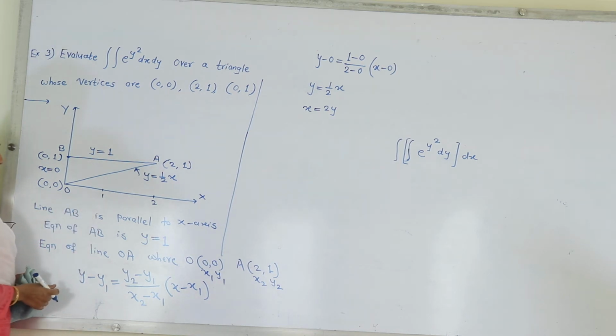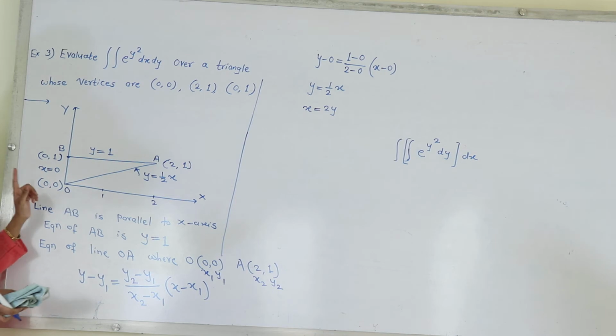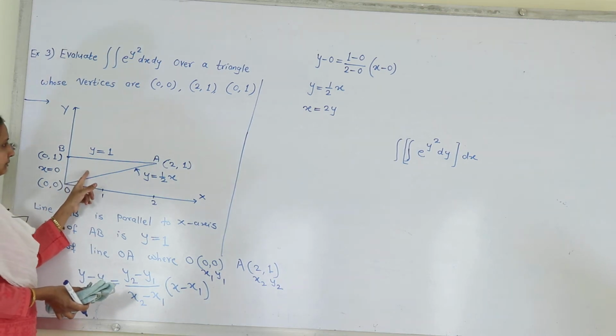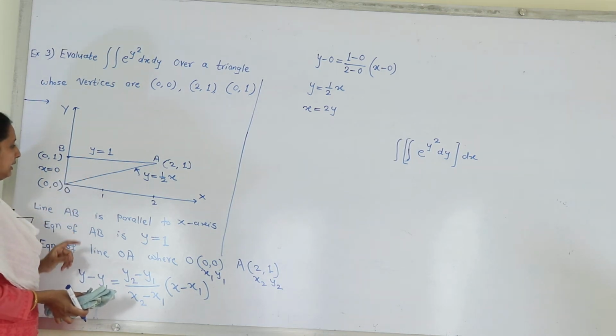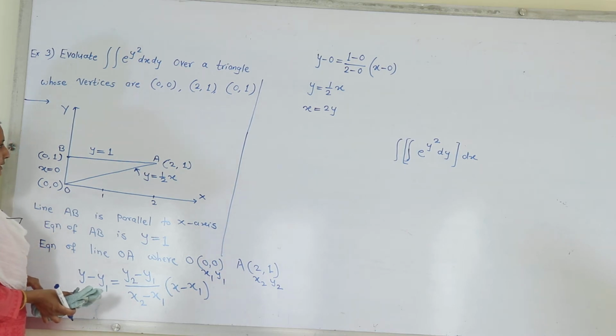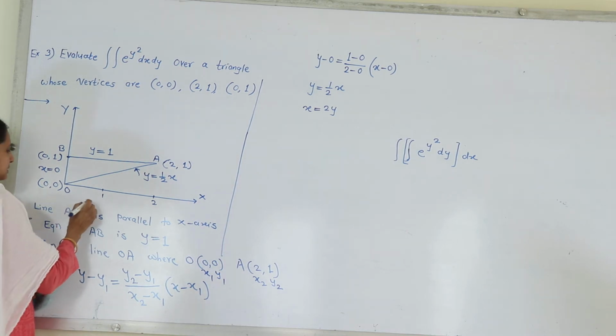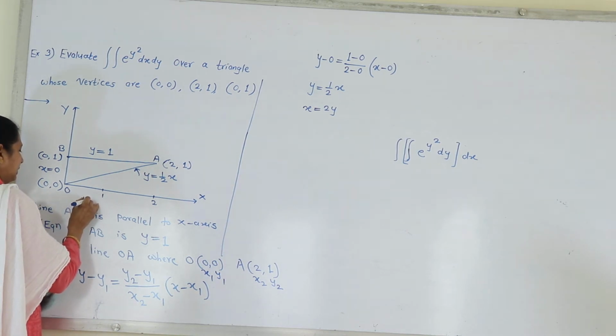a horizontal strip, because in the last two examples I have taken a vertical strip, but in this problem the vertical strip will become difficult and the horizontal will be easy. Therefore in this figure we are taking a horizontal strip.